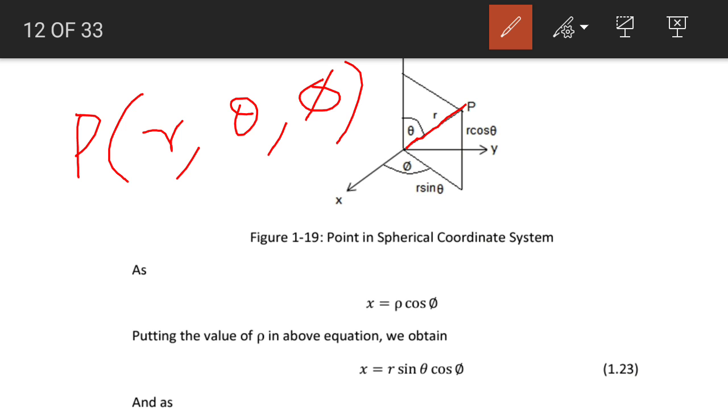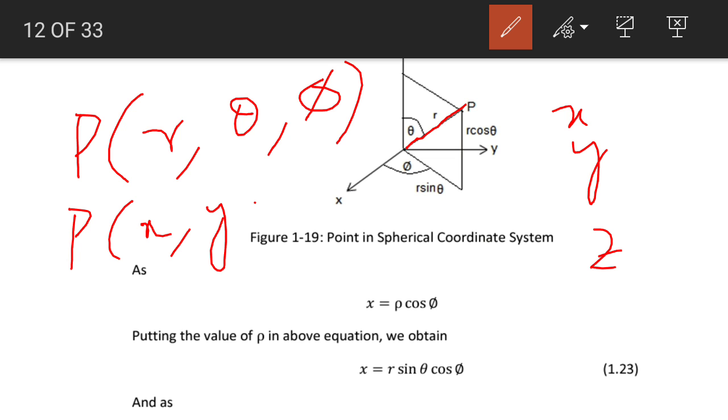You see, if this point is in the spherical coordinate system, and if it is difficult for you guys to consider this point in the spherical coordinate system, then you guys can find out the x coordinate of this point, y coordinate of this point, z coordinate of this point, and you guys can consider the same point in the rectangular coordinate system. It is very simple to draw this point in the rectangular coordinate system.